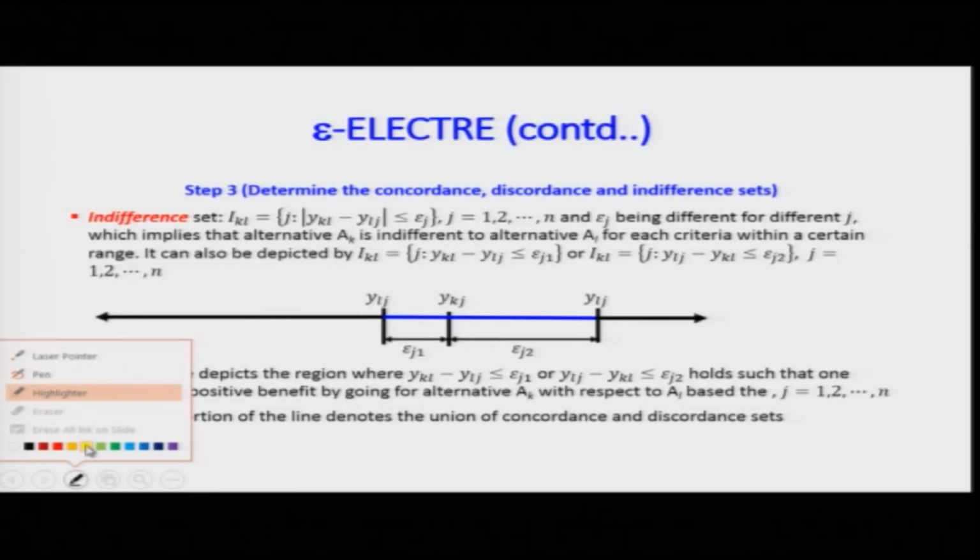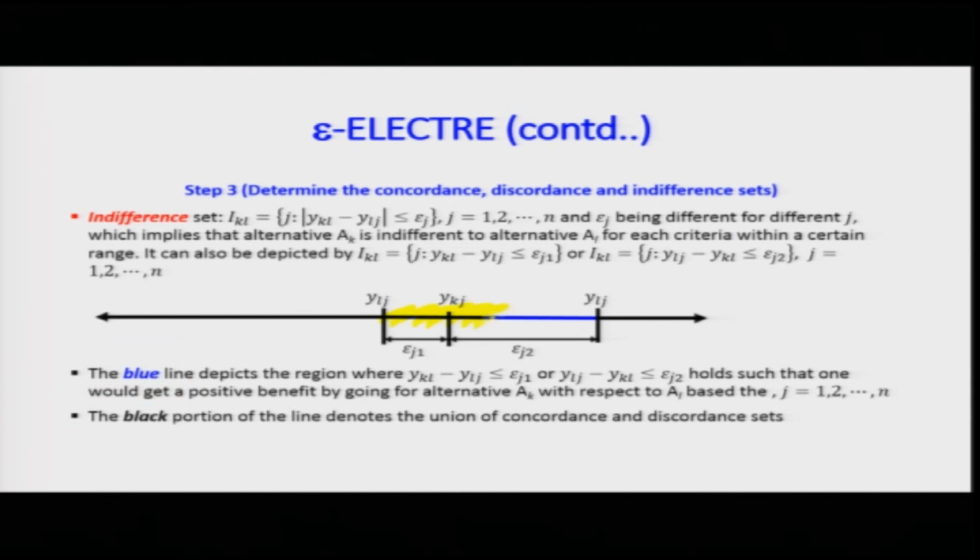So, that yellow region is the one which we have divided unequally. It need not be unequal, it can be equal also. So, we formulate the rule epsilon j 1 and j 2, which I said epsilon 3 1 and 3 2. So, the blue line which is in between. If I remove it, you will be able to see.